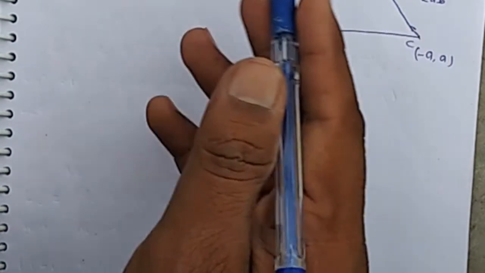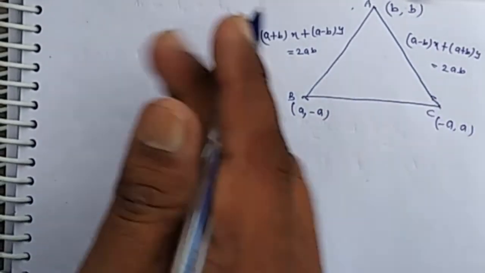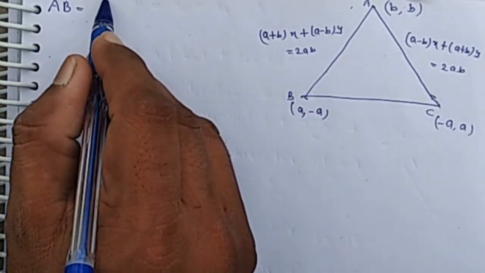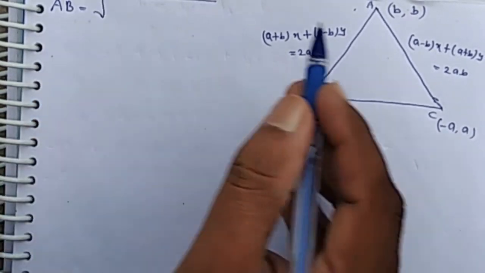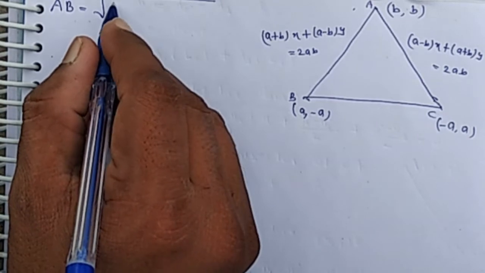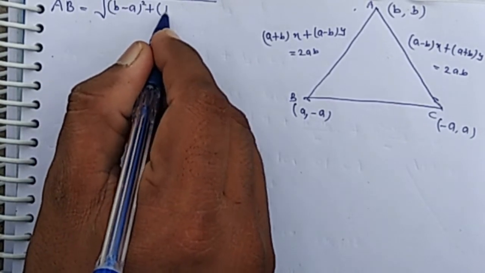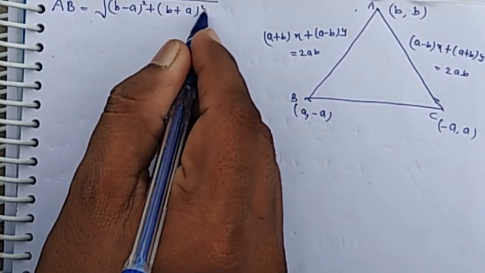Now we have to show that triangle ABC is isosceles. Firstly, we find the length of AB, the distance between two points: (b minus a) square plus (b plus a) square.